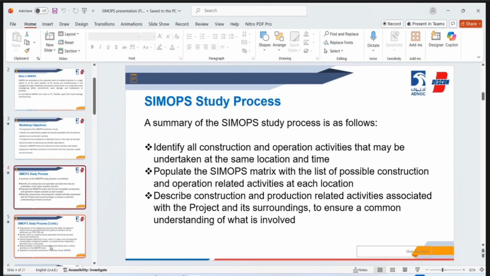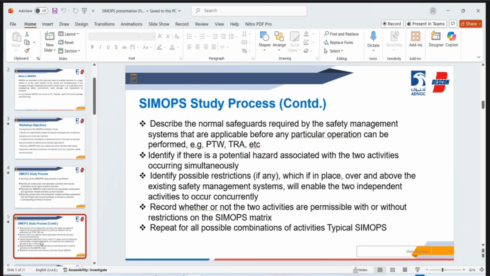related activities and describe the construction and production related activities associated with the project. This is the SIMOP study process. We have to define the normal safeguards which are required by the safety management system that are applicable before any particular operation can be performed.